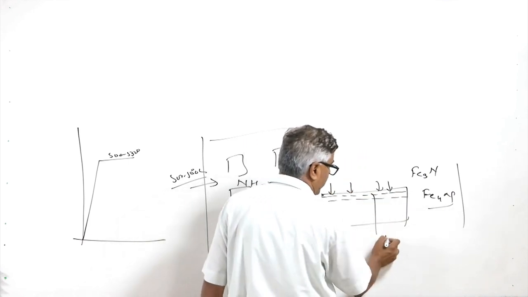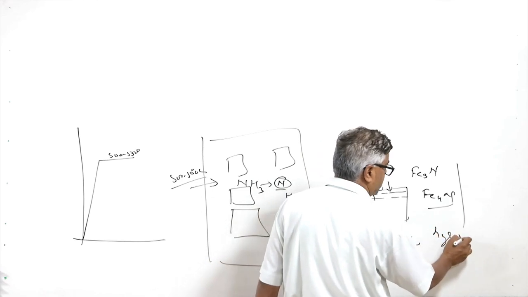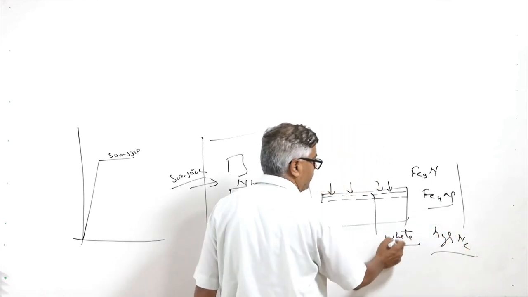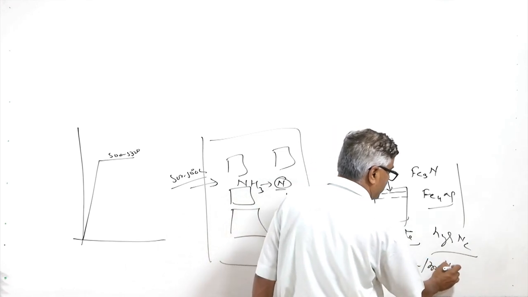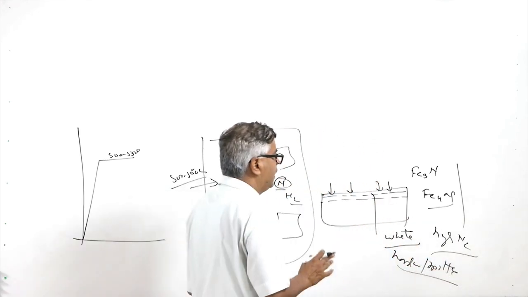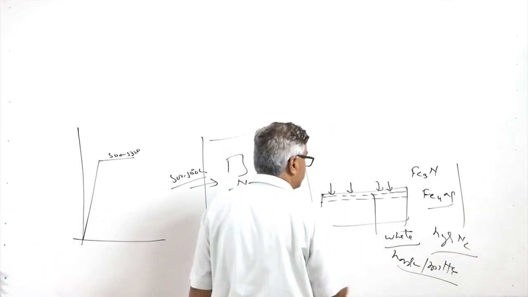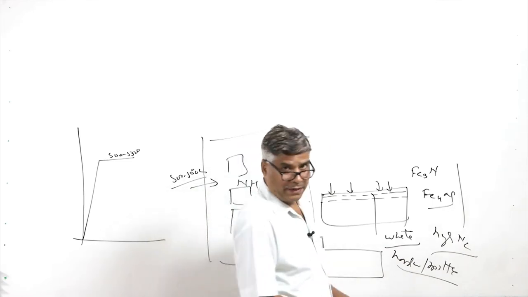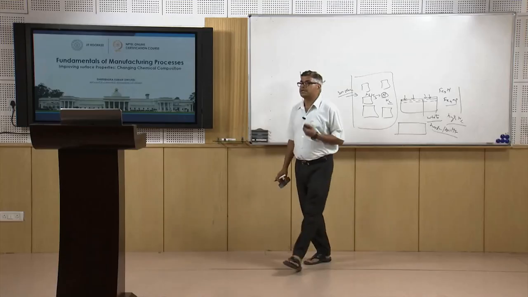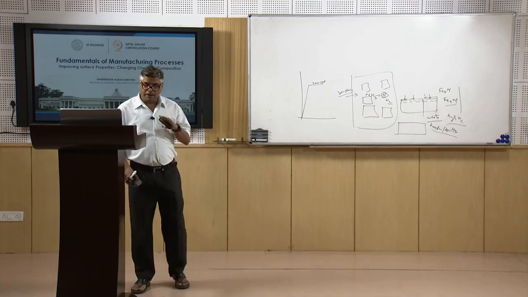So, a typical white layer is formed at the surface where a higher concentration of nitrogen exists, and this white layer becomes very hard, very brittle, and has a lot of cracking tendency, and therefore normally this white layer after nitriding is removed, so that we are left with only the stable nitrides at the surface, which can offer improved properties in the material.